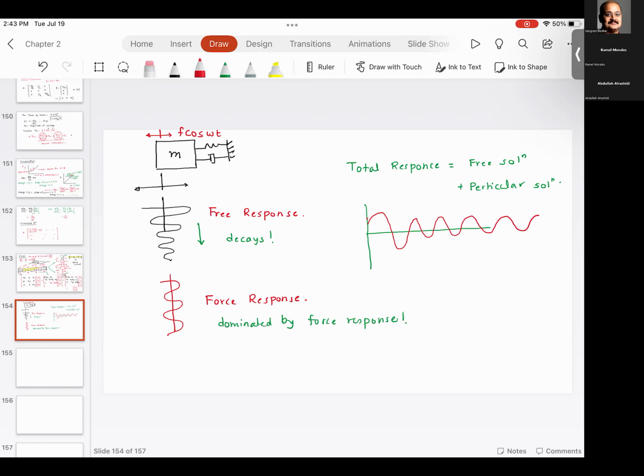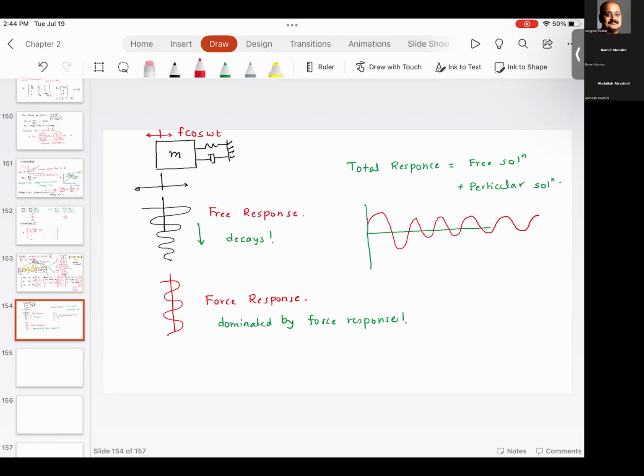So depending upon what frequency we have and what damping we have, the system response could vary. Those are things we need to take into account when solving problems.